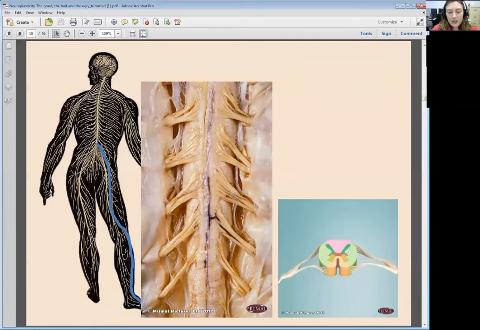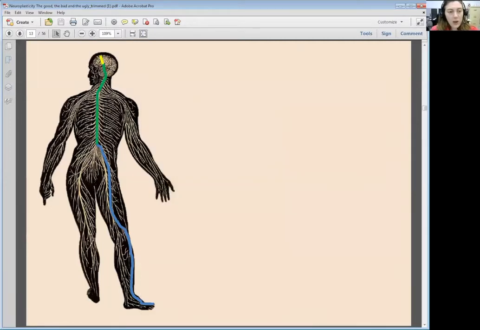So the messages come in here through these nerves and go into the spinal cord. They then travel up special pathways in the spinal cord, right up to the brain. So they travel up to the thalamus, and then for the third stage in the pathway, the message is passed on to a special part of the brain responsible for receiving information about touch.